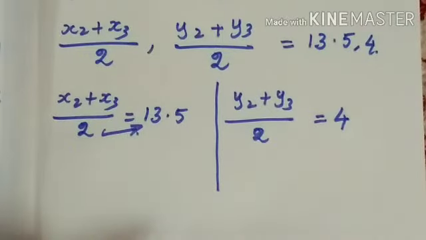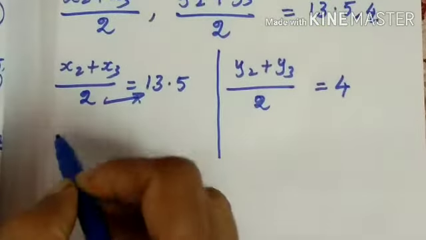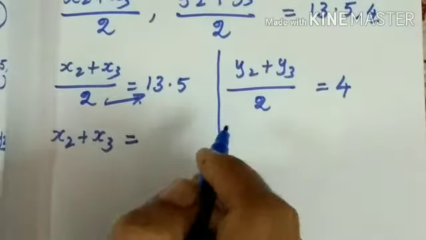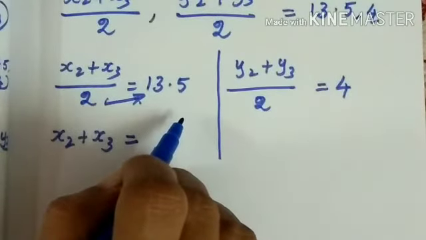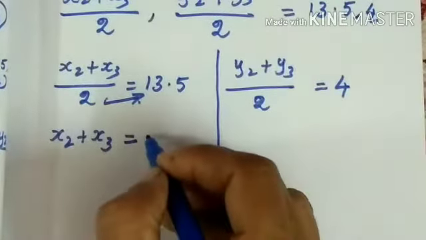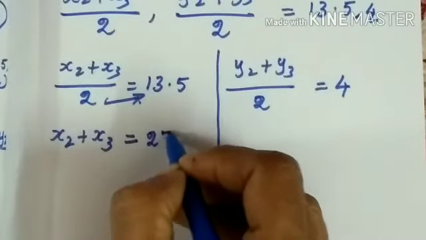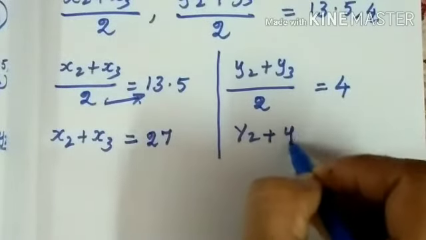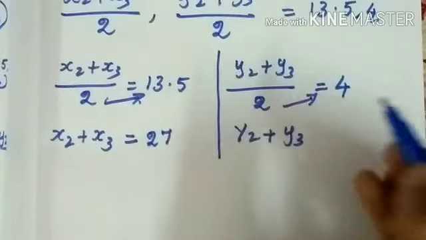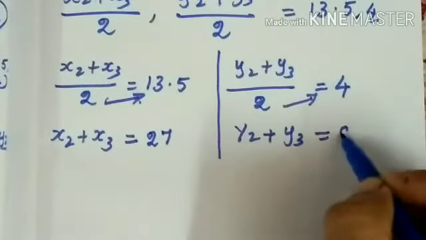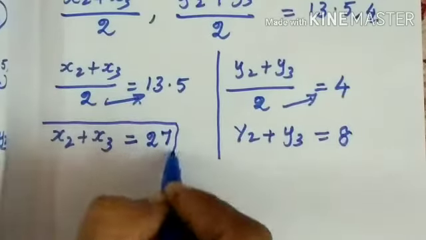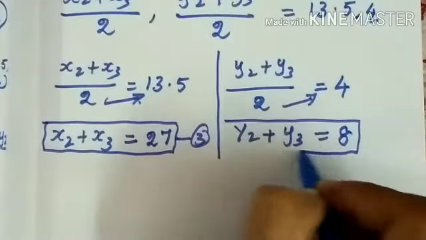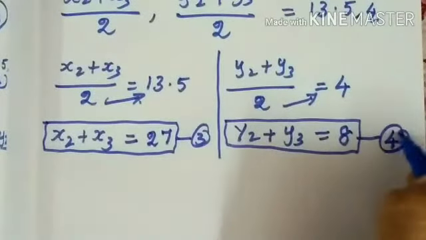Now you cross multiply, means we get x2 plus x3 is equal to 13.5 into 2, we get 27.0, that is 27. Then y2 plus y3, cross multiply, means 4 2s are 8. So this equation you keep as the third equation and this one as the fourth equation.